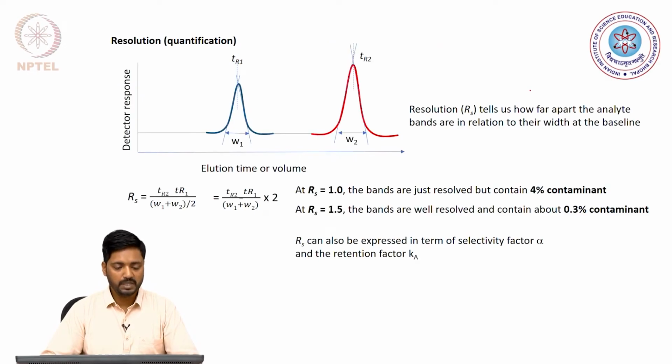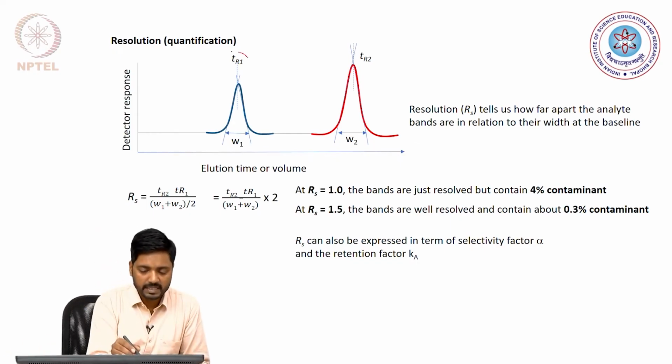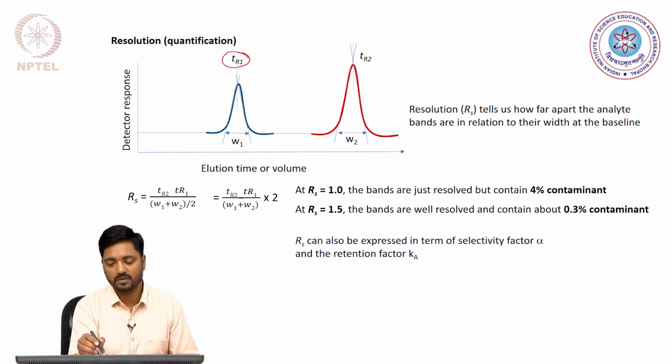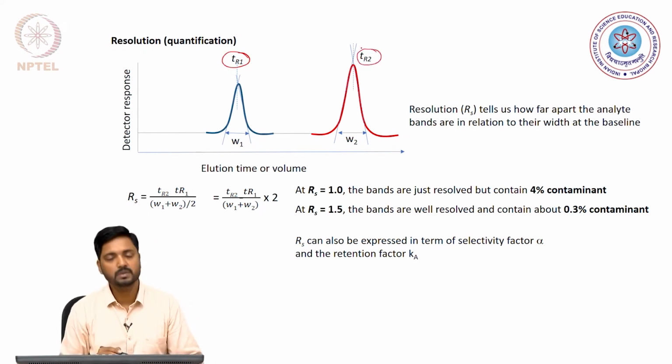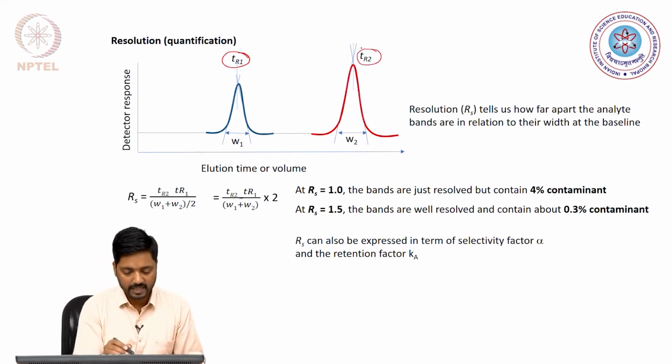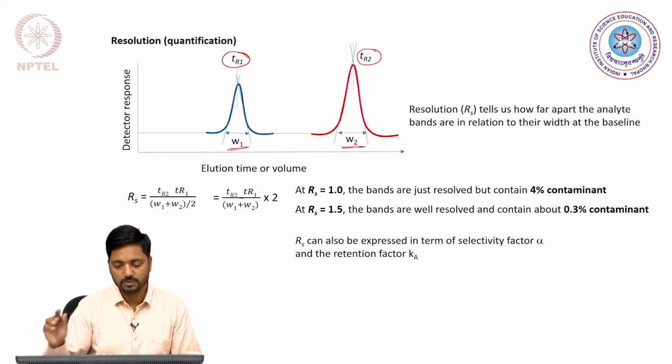I have shown here the detector response with the elution time for the two analytes, the blue and the red analyte, which have retention times Tr1 and Tr2, and the widths at the base of the peaks are given as W1 and W2.